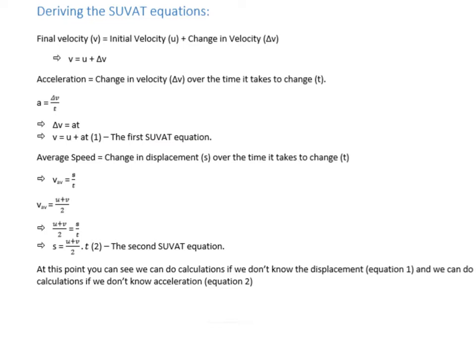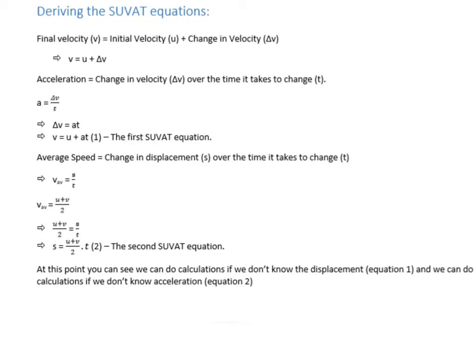We're going to need another equation, and then we're going to use that to derive the third and fourth, but let's get that second equation. So you should also know that the average speed of an object is the change in displacement over the change in time at which that occurs. Or in other words, v average is s over t.